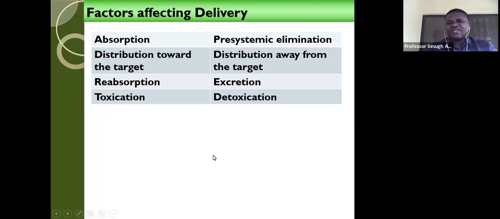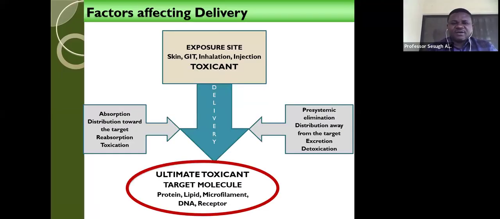So we looked at factors that affect delivery. We looked at absorption, distribution towards the target, reabsorption, toxication, elimination, distribution away from the target, excretion, detoxification.